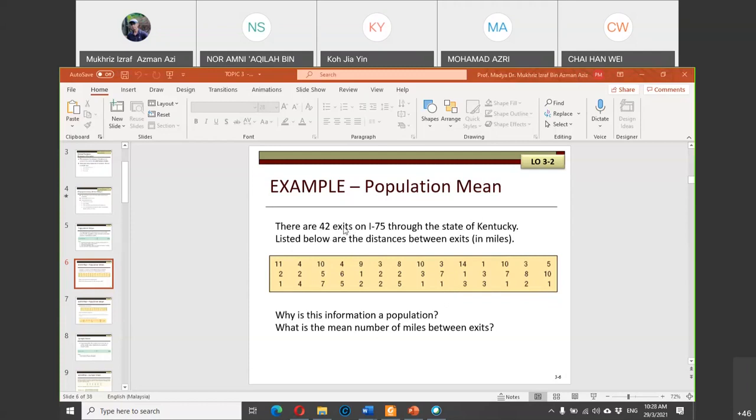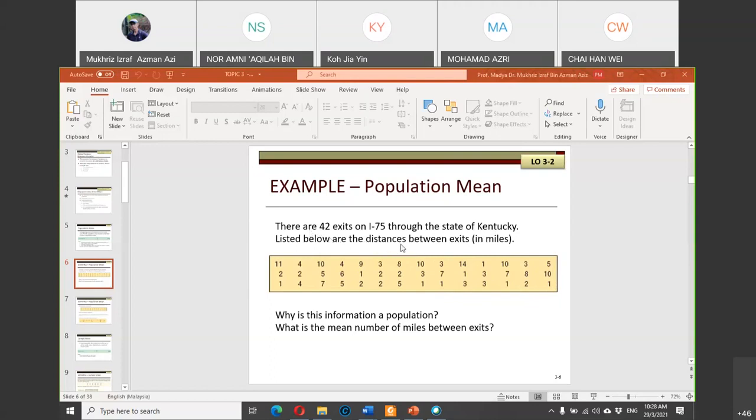There are 42 exits, just like our highway, let's say from the north to the south. How many exits are there in total from the north to south? So this is the number of exits on this stretch of highway in Kentucky. So according to this, this should be the population data that represents the whole set of exits.